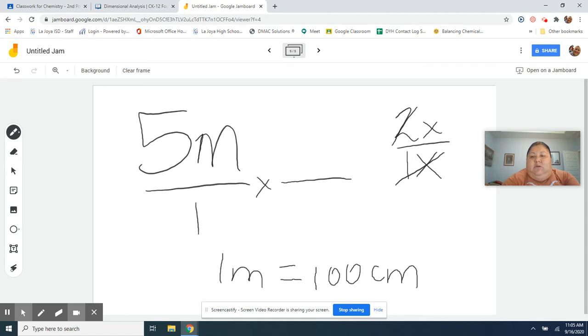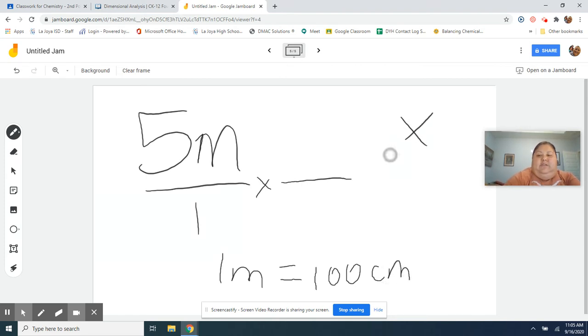So instead of having 2 on bottom, I'm only going to have 1. If I would have had x on top and x on bottom, well, both of them would cancel out and I'm left with the number 1. But in this case, we are going to cancel out those meters.